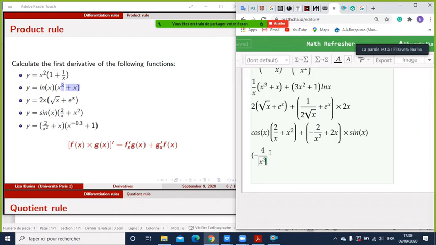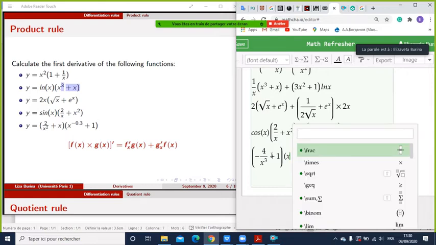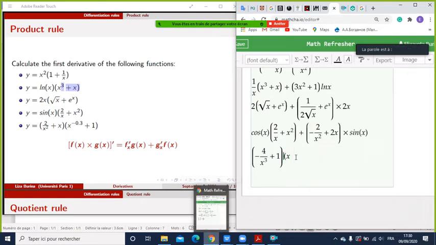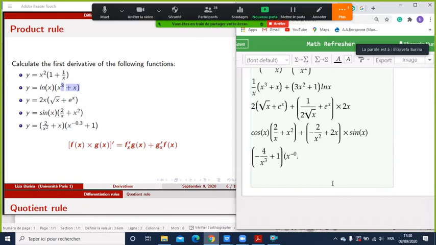Makes sense. Minus 4x cubed plus 1 times, okay, here I didn't want to bother. x to the power of minus 0.3.